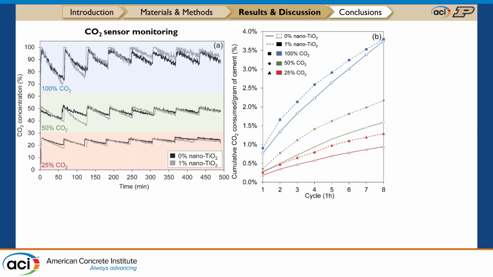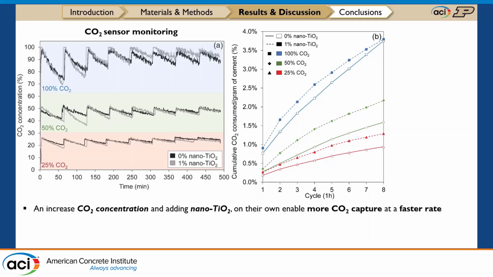And in this graph on the right, you can see the cumulative CO2 absorbed per each cycle. Again, each color represents the initial CO2 concentration. So red is 25%, green is 50%, and blue is 100% CO2. The solid lines represent the samples that were not nanomodified, and the dashed lines represent the samples that were nanomodified.